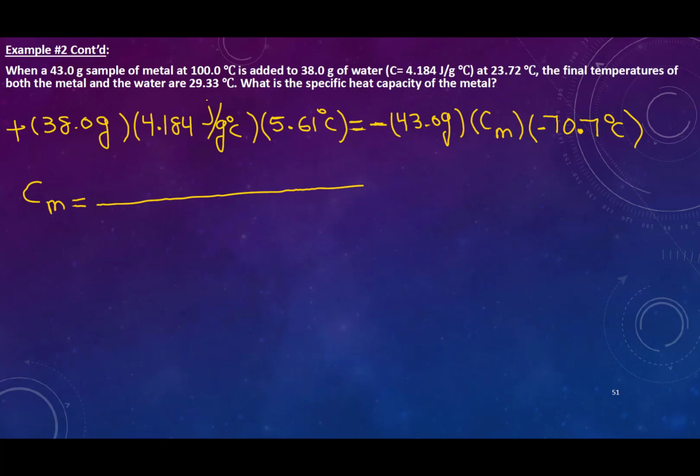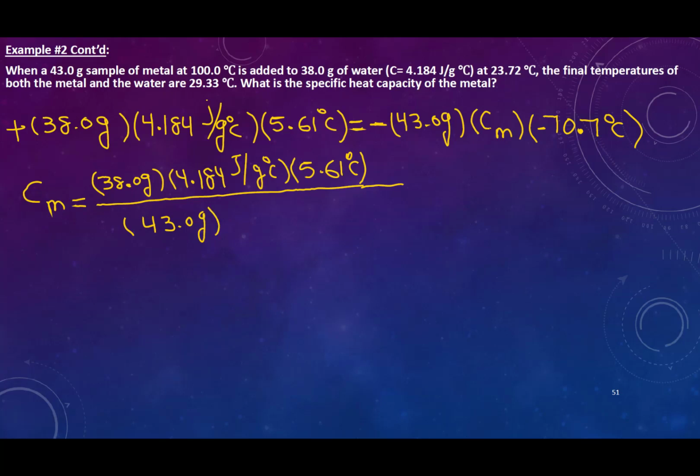Then it's going to be 38.0 times 4.184 times 5.61, divided by, all right, negative times negative will be a positive number, right?